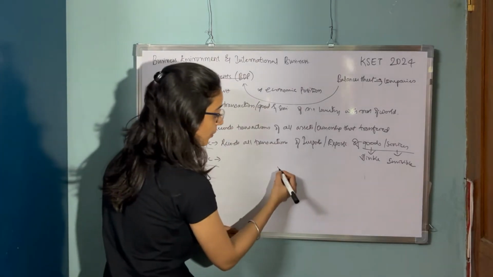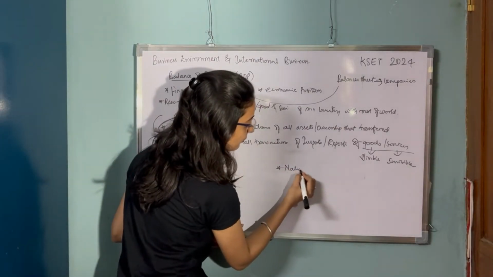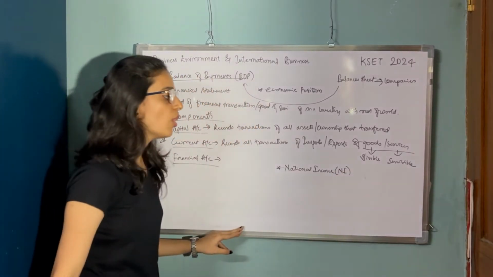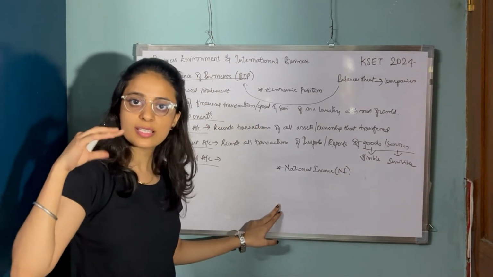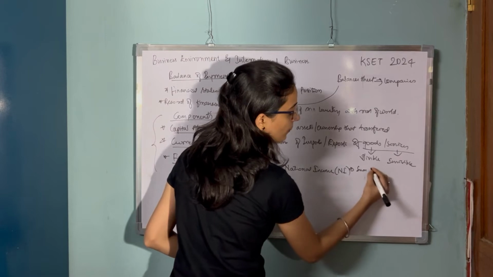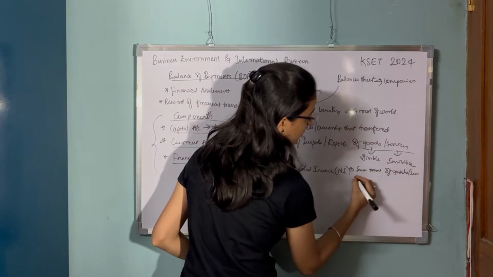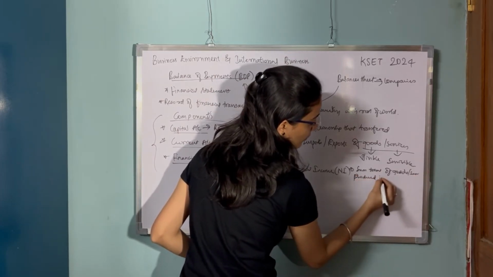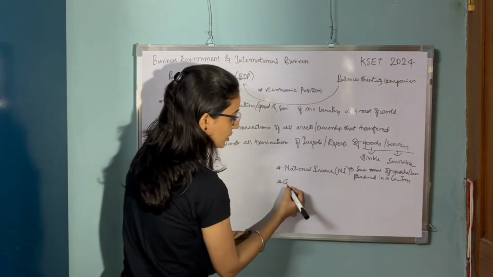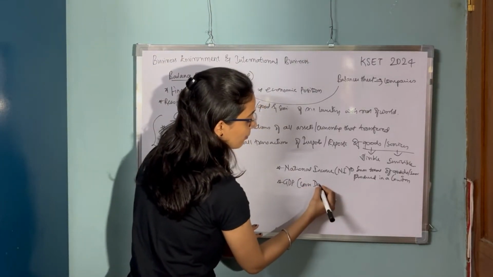There are also concepts which are very important to understand and have an idea about, which is national income. National income is nothing but income of all the goods and services that are produced within the country. So this is a sum total of goods and services produced in a country. That is national income. There is something known as GDP, right? Which is gross domestic product.